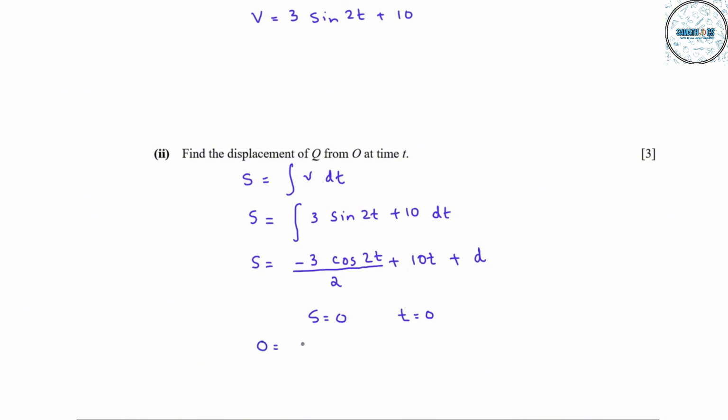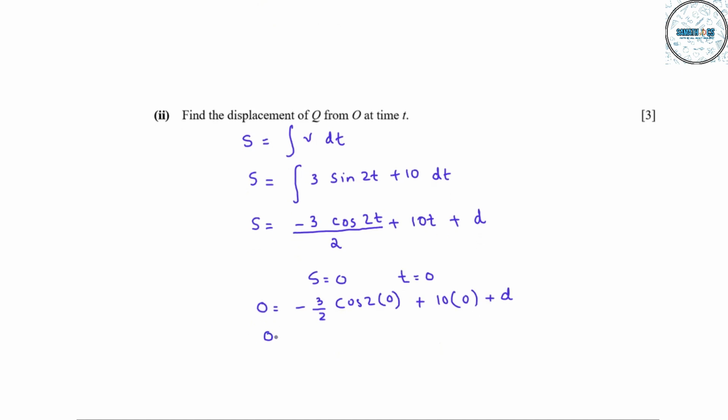0 is equal to minus 3 upon 2 cos 2 into 0 plus 10 into 0 plus d. So cos 0 will be 1. So it is minus 3 upon 2 plus d.